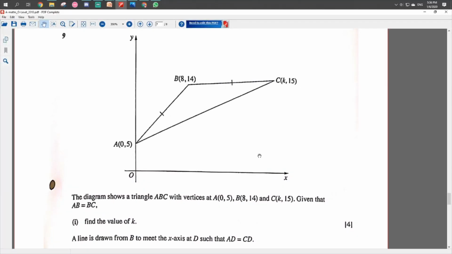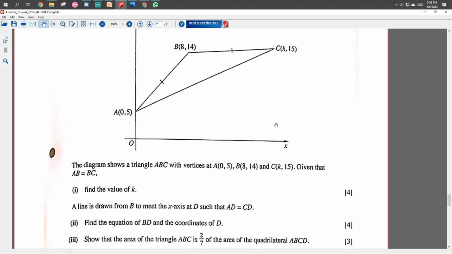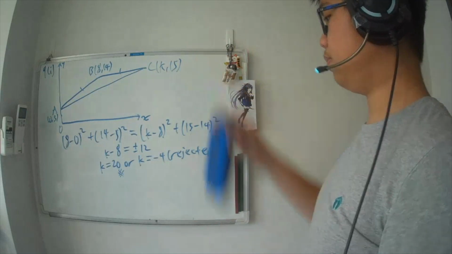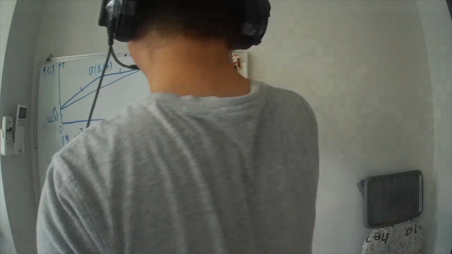Now a line is drawn from B to meet the x-axis at D such that AD equals CD. Find the equation of BD and the coordinates of D. So I will change this K now that we know it.